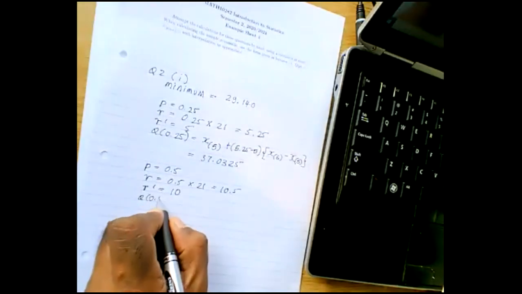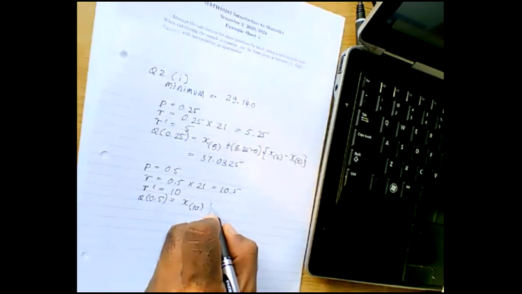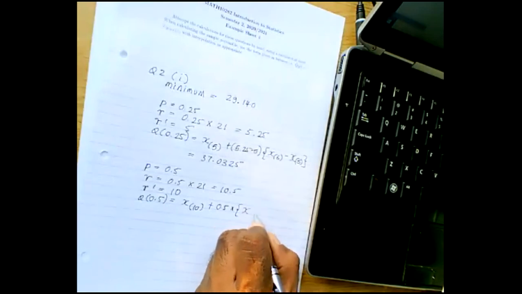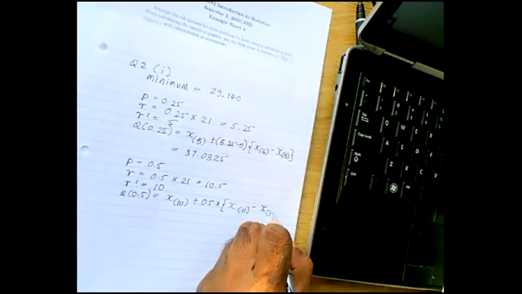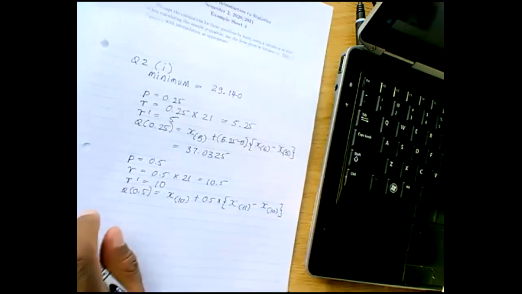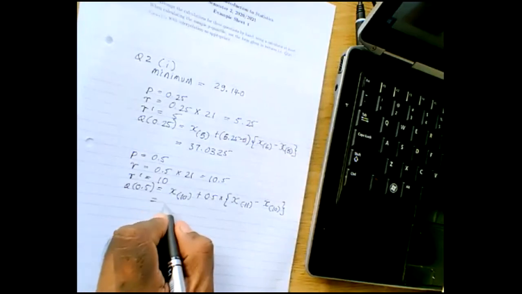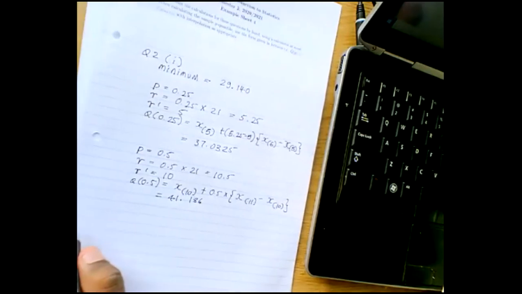So Q at 0.5 is this, right? And if you work this out, guys, you will get 41.186, right?